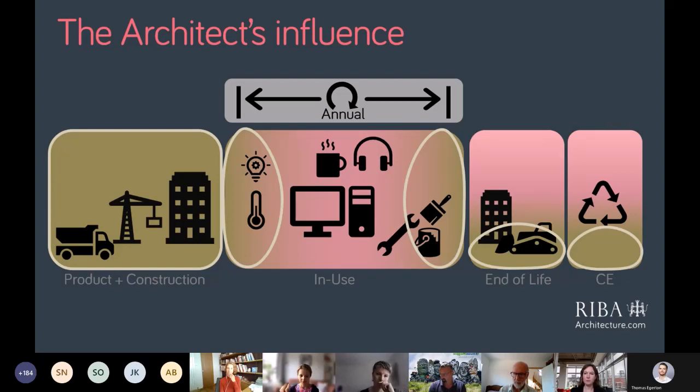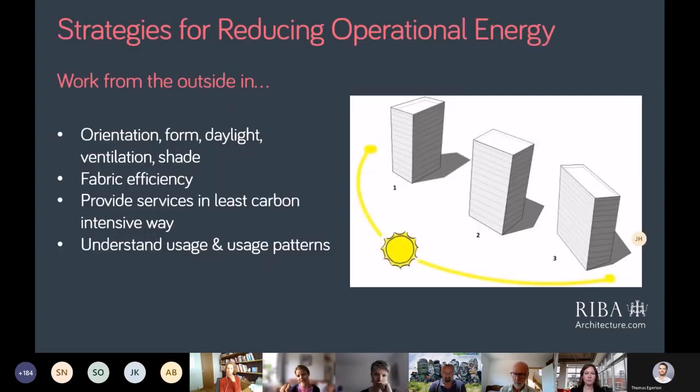control. However, we need to look at the interaction between the building and minimize the operational energy use to undertake those activities.